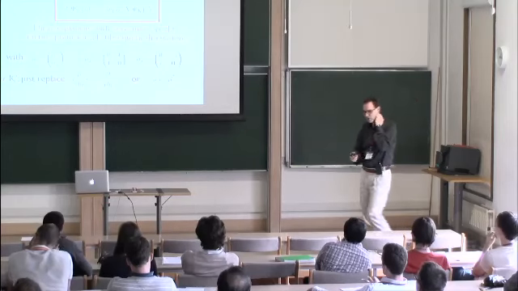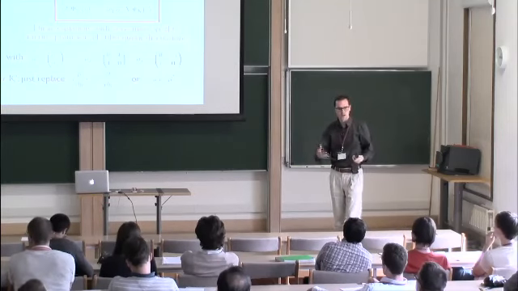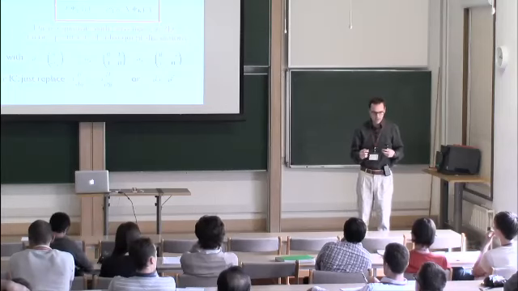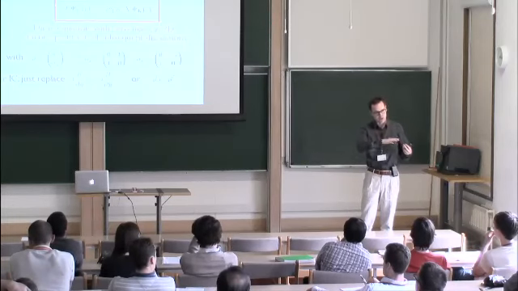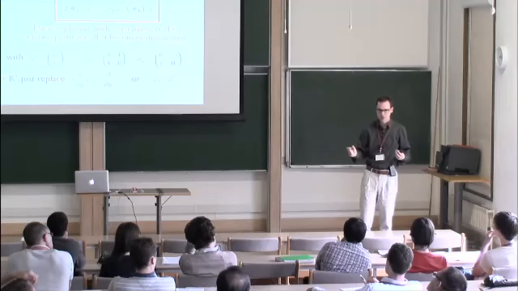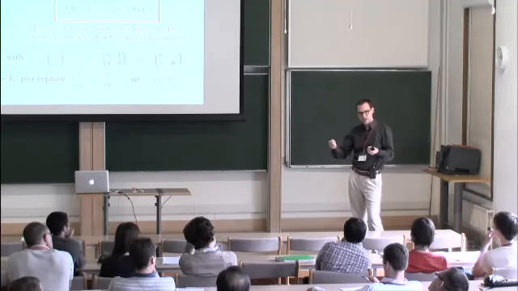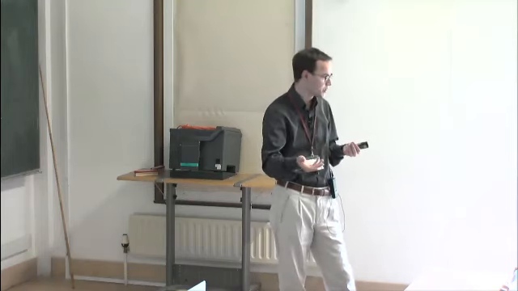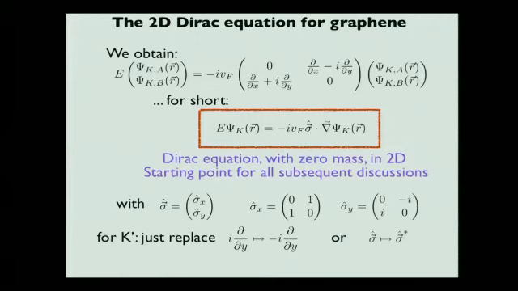But for all of the following, we will mostly focus on only one of those 2 points, because the reasoning will be that whenever I only have, say, potentials that vary very slowly on the scale of the lattice spacing, then there will never be any scattering processes that take me from K to K prime, because the corresponding change in wave vector would have to be very large. And this will be excluded if I have a slowly varying potential. So that's why I can focus, say, just on the K point. Okay. Any questions so far?